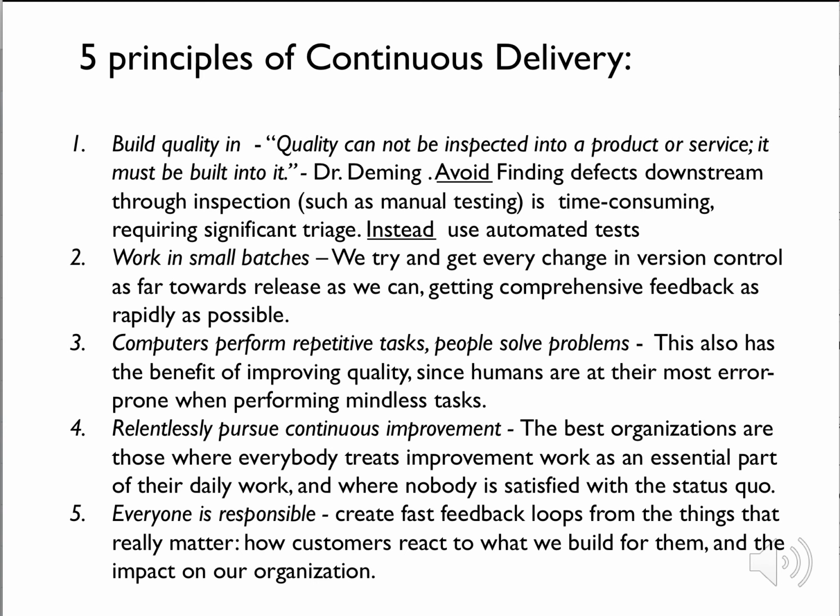And that can only happen if everyone takes part in the delivery cycle. So these five principles have to be followed in the organization to be able to build or bring in this ability concept in your organization.